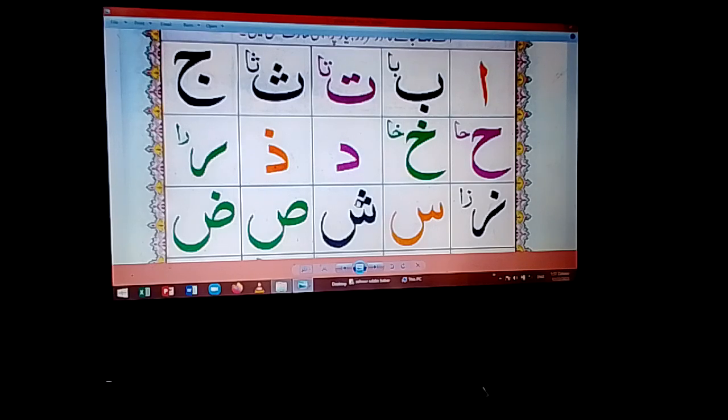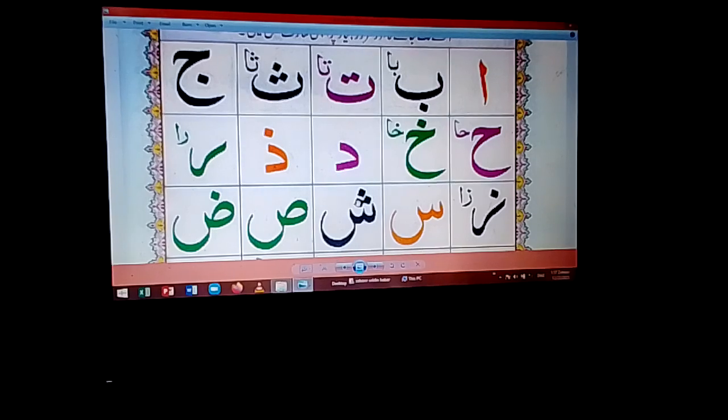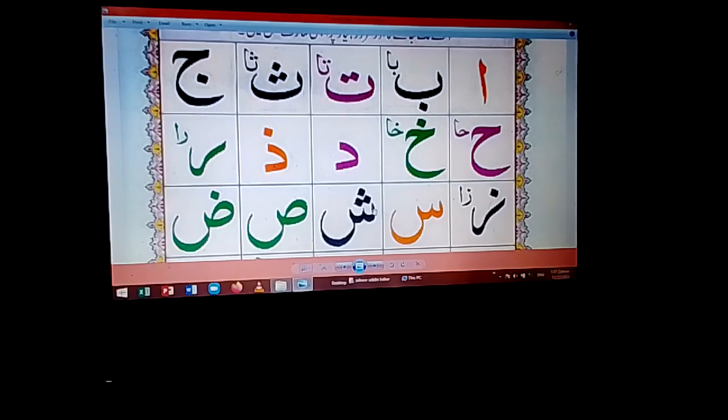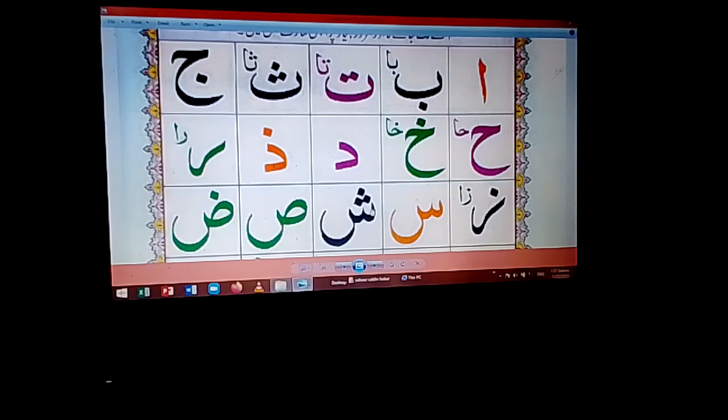Or in other words, how would you be able to recognize whether this is tha or this is sheen? Let me tell you. These teeth, this, then this, and then this. There are three: 1, 2, and 3. If three teeth are there and with three dots, this means that would be sheen.